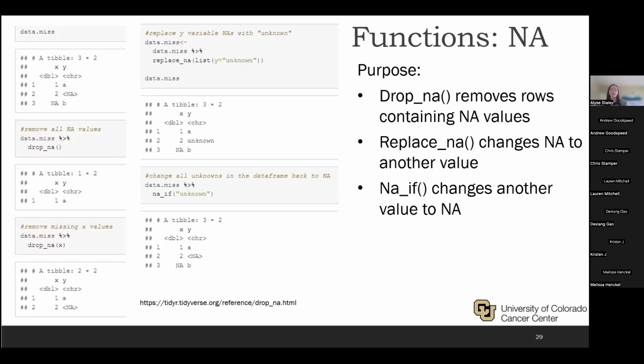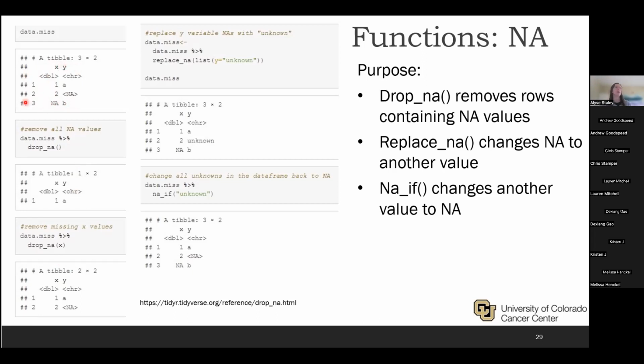The next aspect of messy data is a lot of times there are issues with missing values. The first function I'll introduce to address this is the drop_na function, which removes rows containing NA or missing values. Here's an example data set where you can see we have X variable and Y variable.